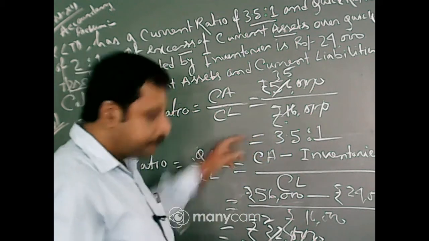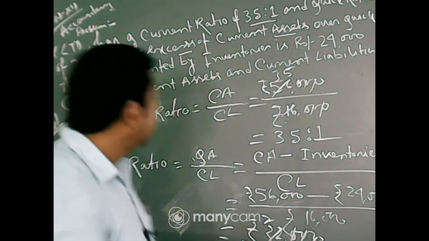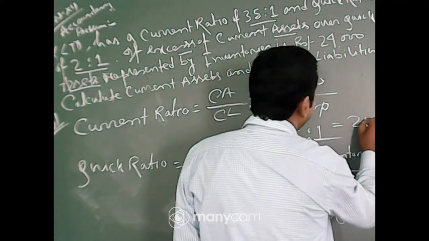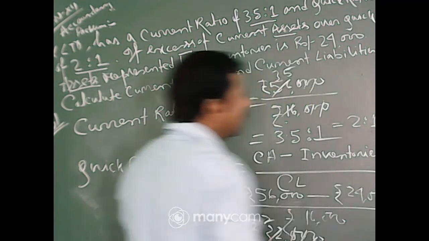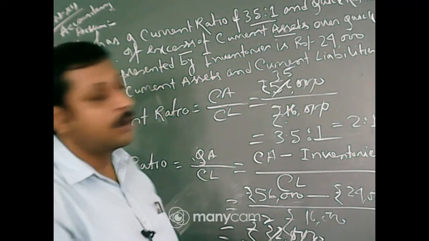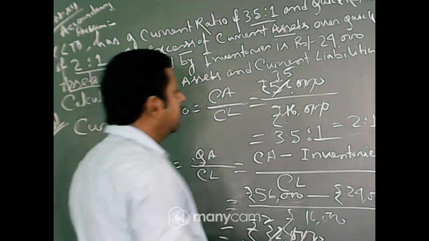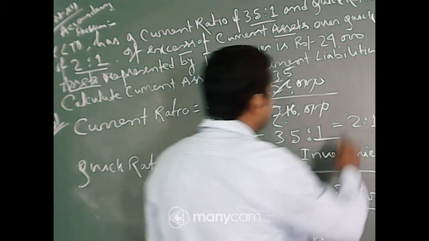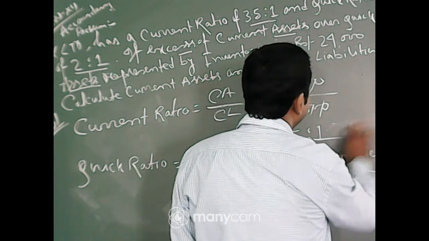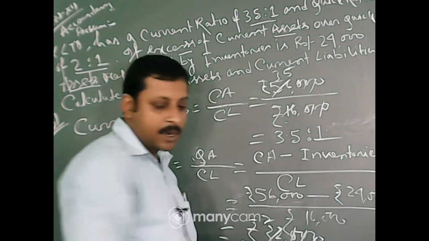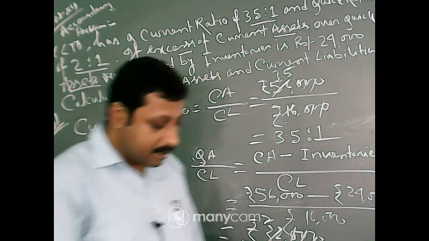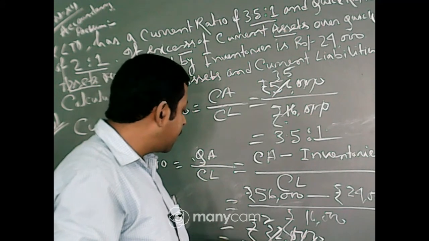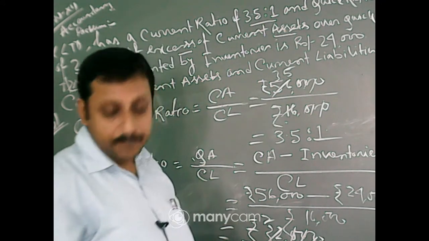And for the current ratio the standard is 2:1. For 1 rupee of current liability, you have double the amount of current asset. Then it will be good. Maybe you have given some short term advances. That's why your quick ratio is high.